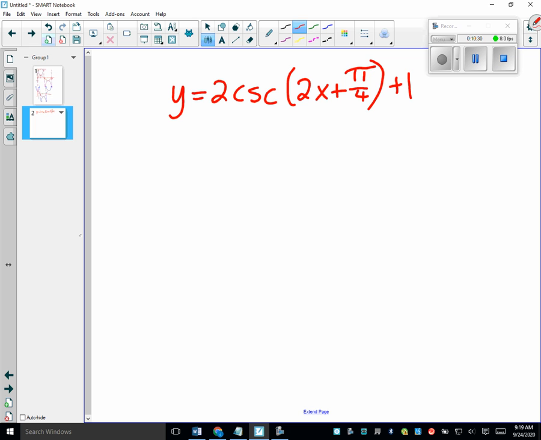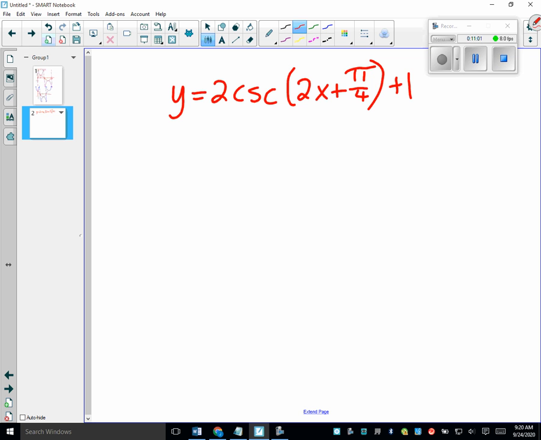What's the period of this? It's 1 pi, isn't it? Isn't this b right here? Just like sine and cosine, the letters are all there. So is my period pi? Okay, so x maximum is pi, right?